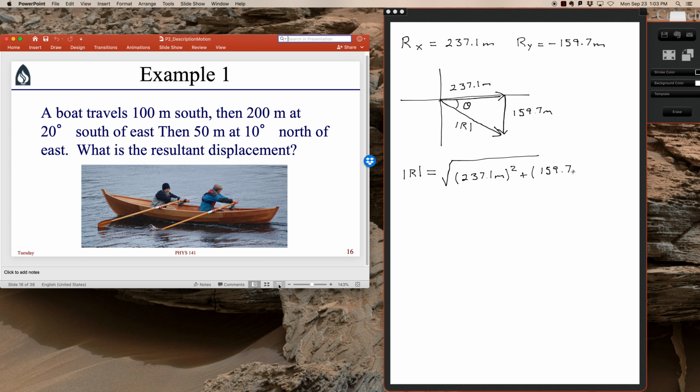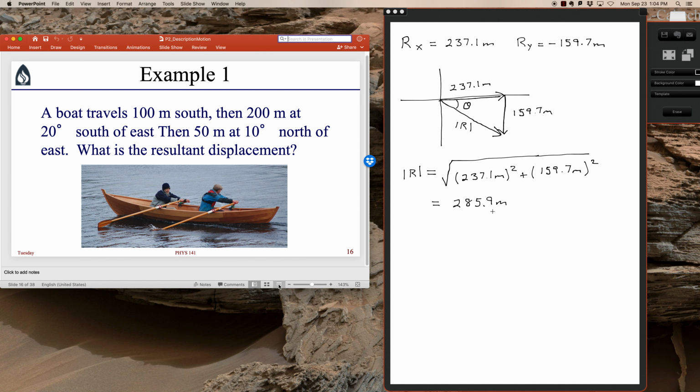I take the square root of that, and I get a value of 285.9 meters. So that's the length of my resultant vector. I know that the boat at the end of these three displacements will be a total distance of 285.9 meters from its starting point.